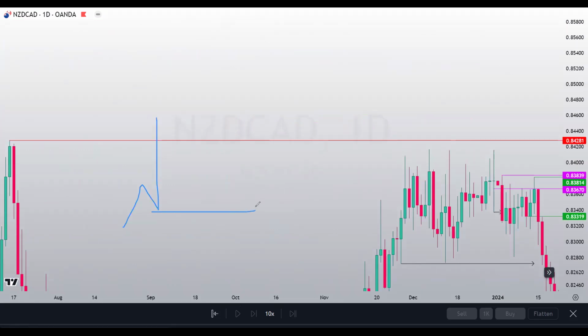Maybe this day is supposed to be a daily shift or a daily area of liquidity. You also had to have a shift on the 1 hour, so we can liquidate these daily formations. But also we had to have a shift again on the 15 minutes time frame here. That means we had to have something like this, or maybe a shift on this area again. So we're going to liquidate the 15-minute shift, then after we're going to liquidate the 1 hour shift.